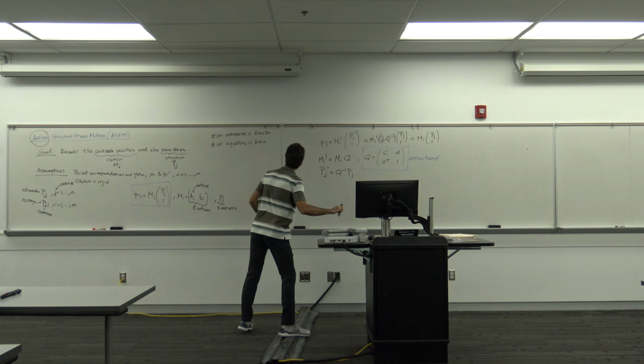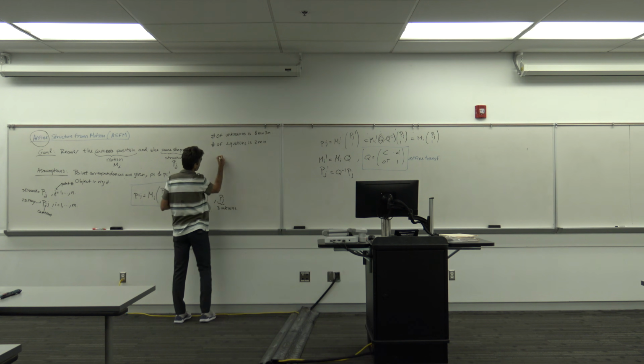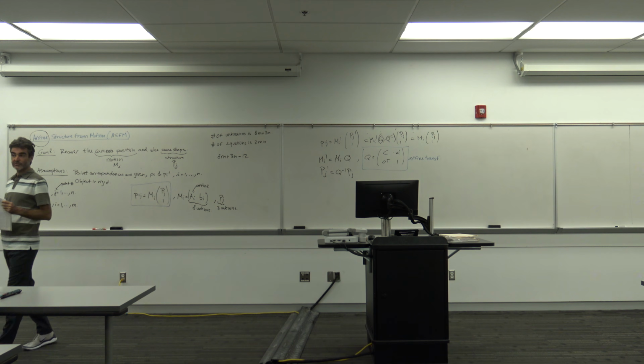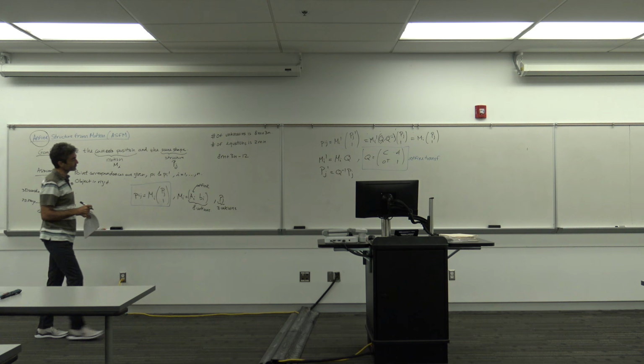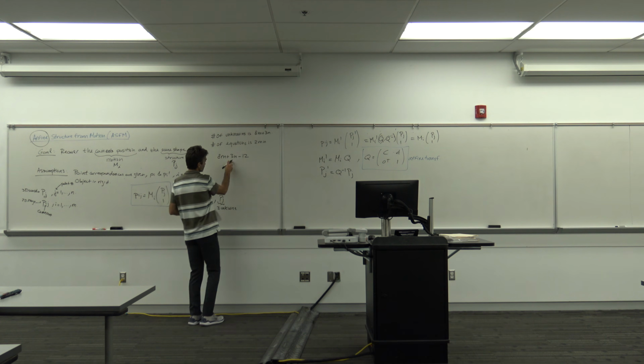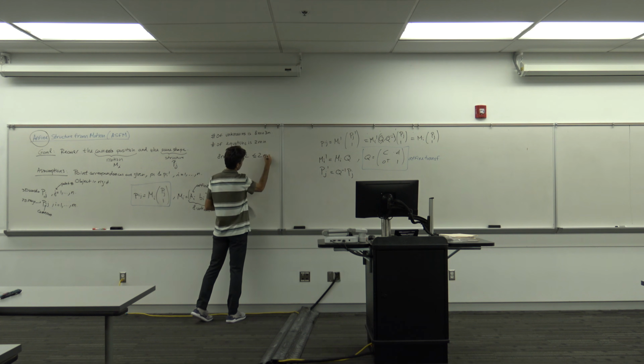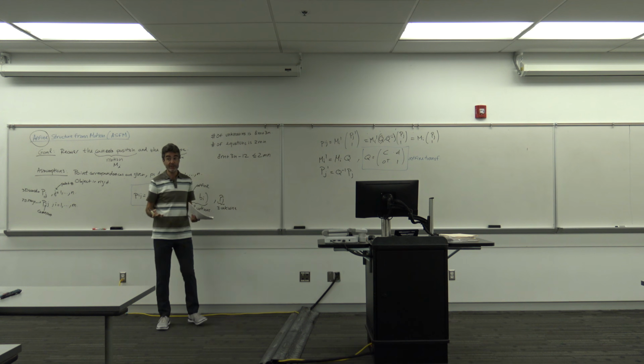So I can write that my number of unknowns is 8m plus 3n minus 12. There are 12 I'm never going to be able to recover, no matter what. Okay? But this has to be smaller or equal than the number of equations. Otherwise, I cannot solve the system of equations, right?